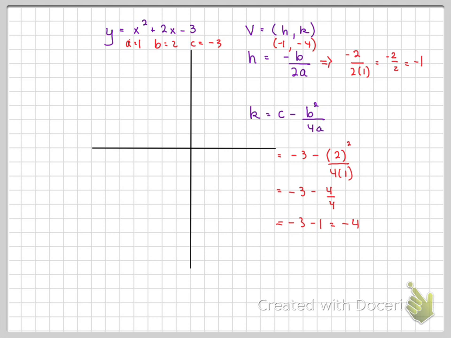Okay, so here is the really big deal about what it means to understand the graph of a parabola. Now, this particular parabola has a leading coefficient, an a value, of 1. When the a value is equal to 1, here is the pattern that every parabola will follow.